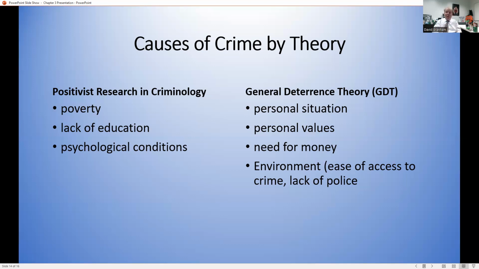So the personal situation is highly correlated with poverty. That personal situation creates no deterrence for crime whatsoever. Personal values as well. If you have a lot of empathy, where you feel guilty about doing things that hurt people, you're less likely to commit crimes, because that empathy, that guilt is punishment, it's pain, and it's hard for you to deal with.